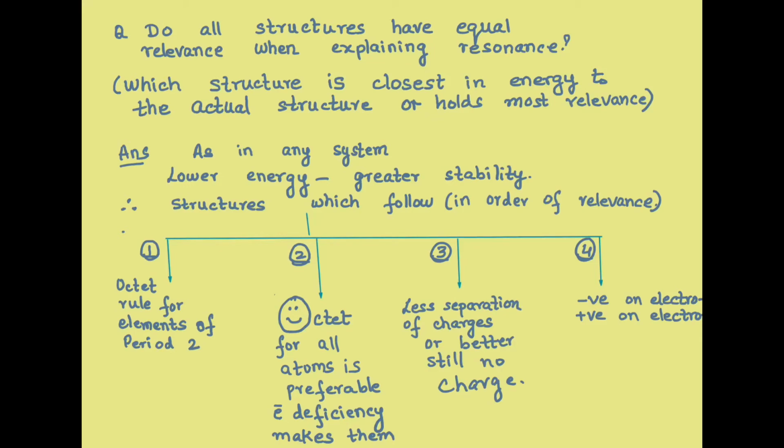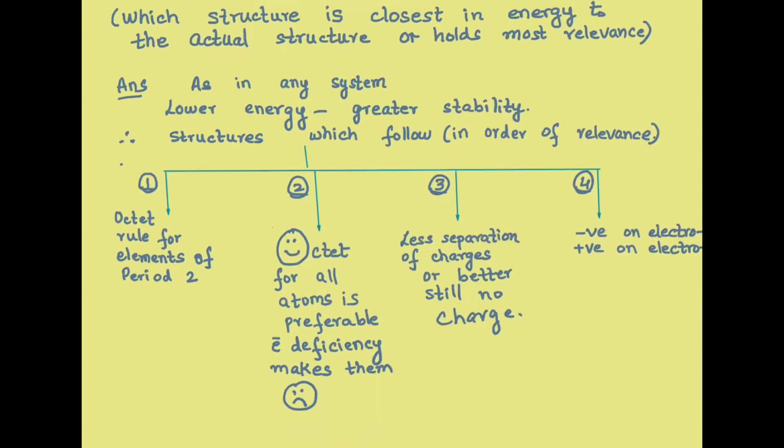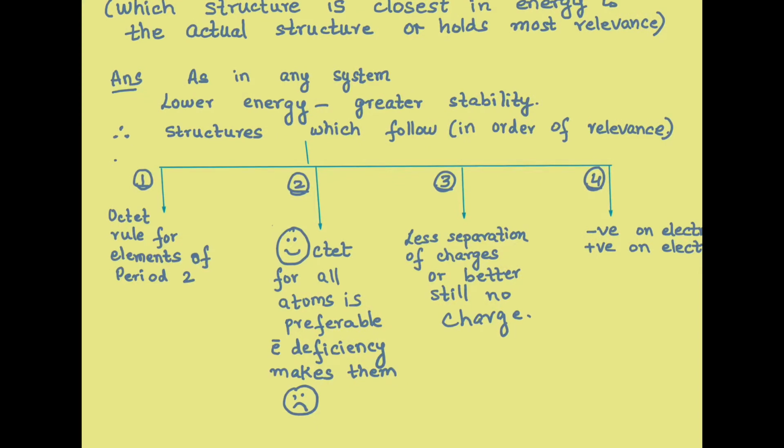Another interesting question that I have posed to myself: do all structures have equal relevance when explaining resonance? No, we just now saw, right? So any structure which is lower in energy will have greater stability. So what do we mean by lower energy? We will see.